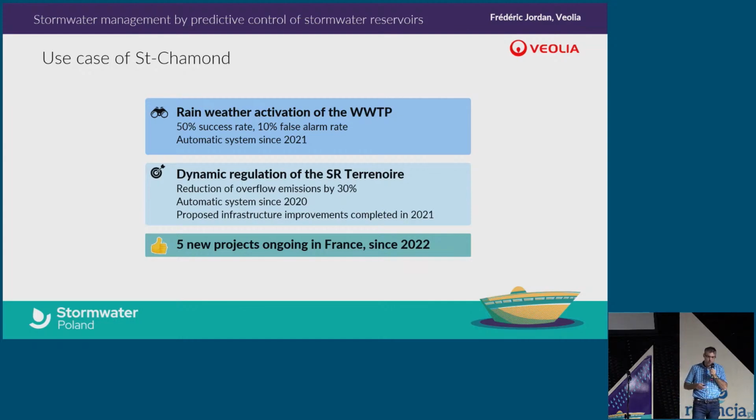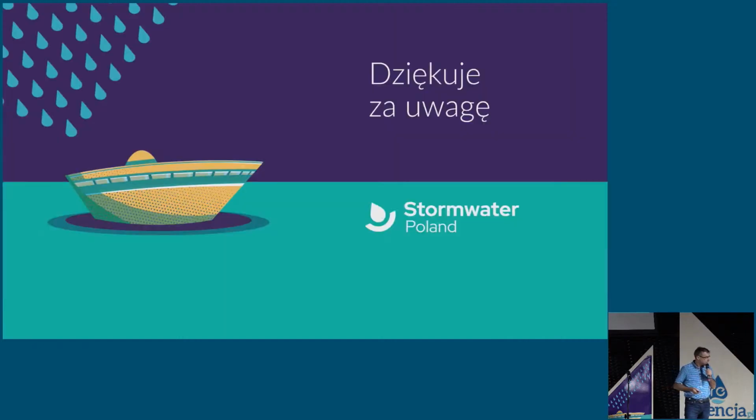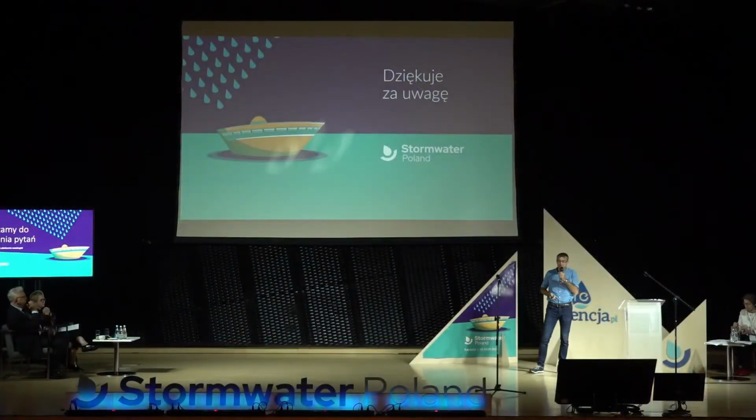And this year we are developing with Veolia 5 new projects in France. Some are a bit more complex than the one of Saint-Chamond, and all these projects are based on these two main components: predicting inflow in the treatment plant and optimizing the reservoir for the sewer system. That's it. Thank you very much for your attention.